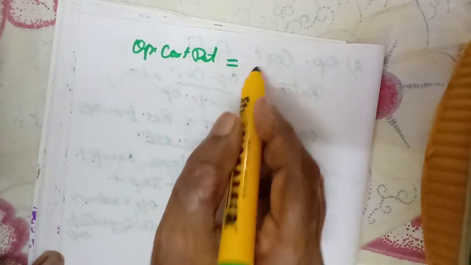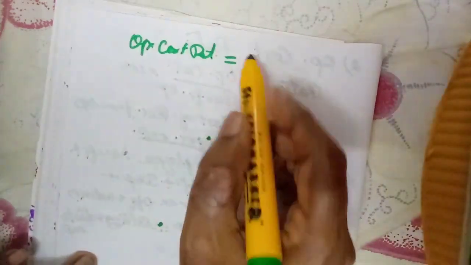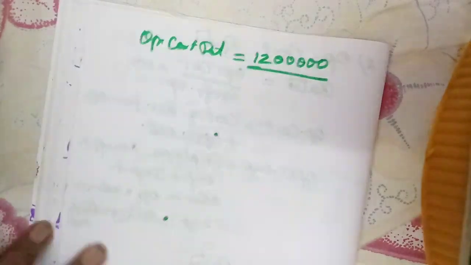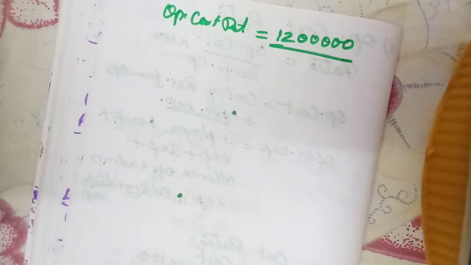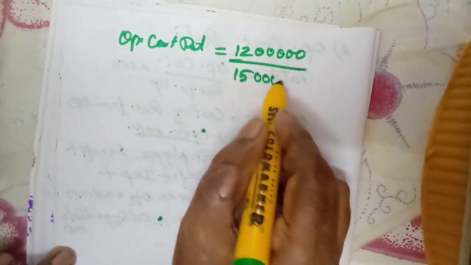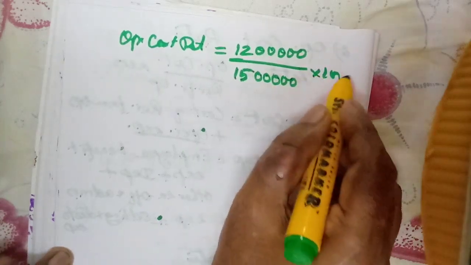So now we need to calculate the operating cost ratio. Operating cost ratio is equal to operating cost, which is 12 lakh, divided by revenue from operation, 15 lakh, into 100.